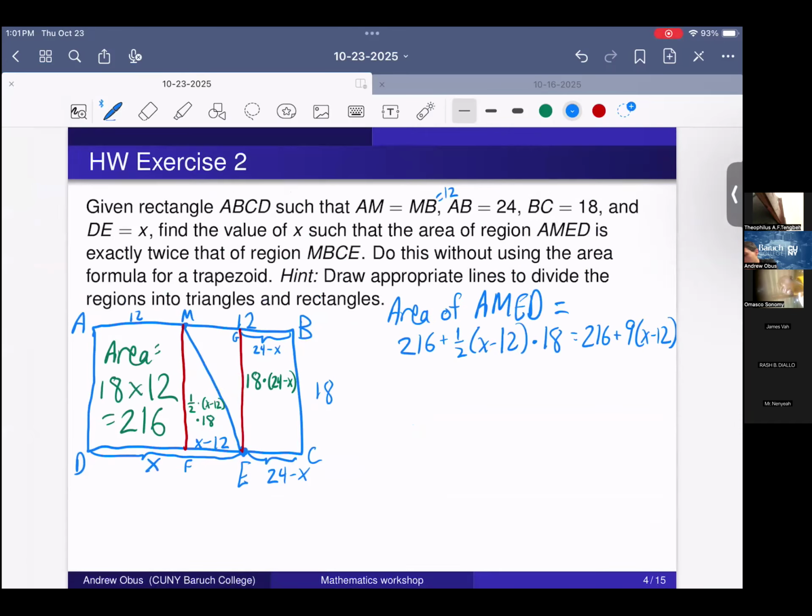So let me write this out here. We're going to do the area first, before I do the area of MBCE. The length of MG is equal to 12 minus (24 minus x). When you simplify it out, this becomes 12 minus 24 plus x, which becomes x minus 12.